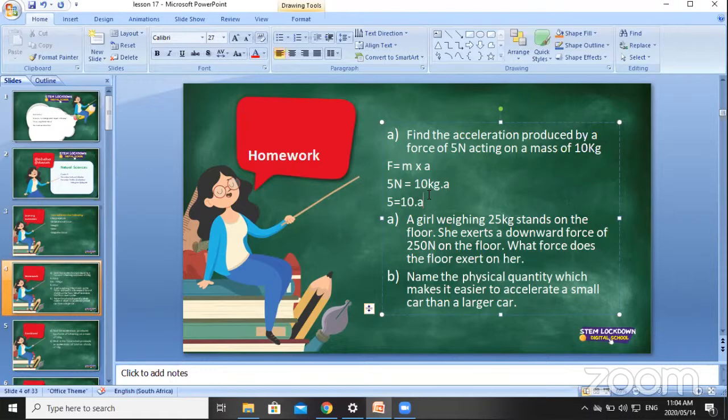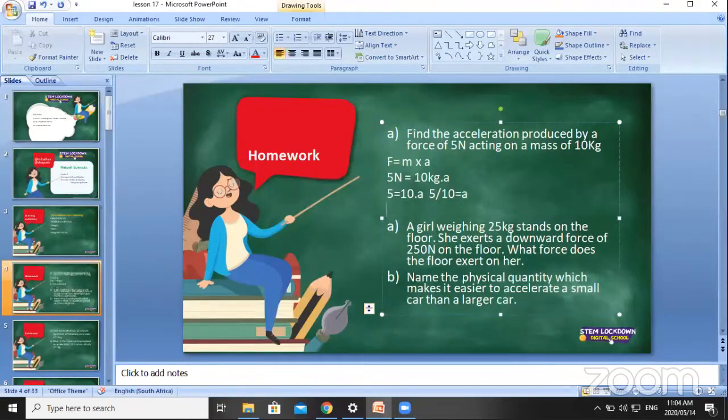And on the other side, we will have 5 over 10, which is equal to A. We can conclude that our acceleration equals 0.5 meters per second squared. Anyone who got this?